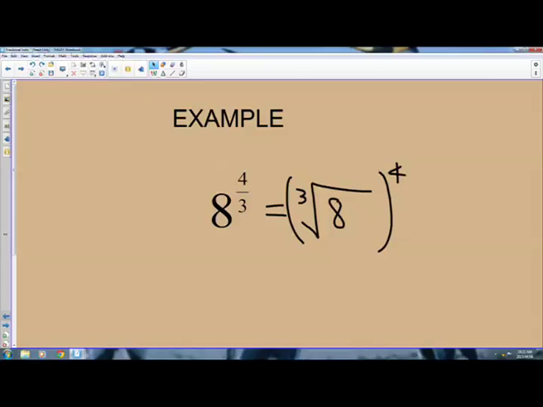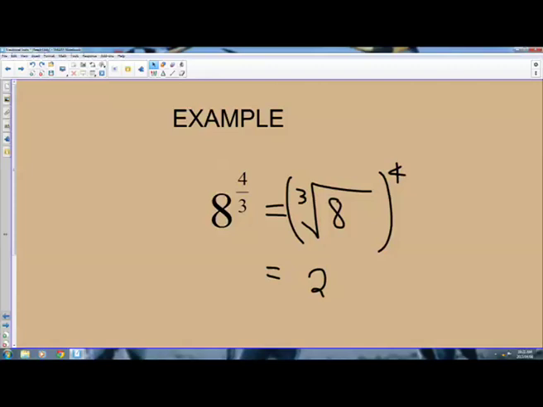This is simply saying find a number such that when you multiply that number 3 times, you are going to get 8. And then after getting that number, you raise that number to the power 4. This then will be the cube root of 8 is 2. You can just check. 2 times 2 is 4, times 2 is 8. So the cube root of 8 is 2.